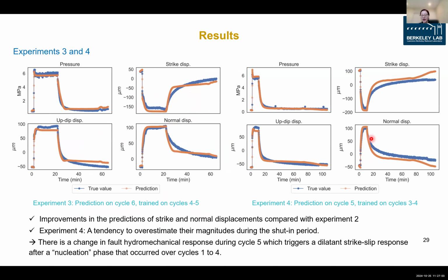We also use cycles 3 and 4 to predict cycle 5, and it has been improved, but not by too much, especially there's an overestimation of the magnitudes of displacements in these two components during shut-in. So these two different experiments tell us there is something being nucleated during cycle 4 and changes at cycle 5.